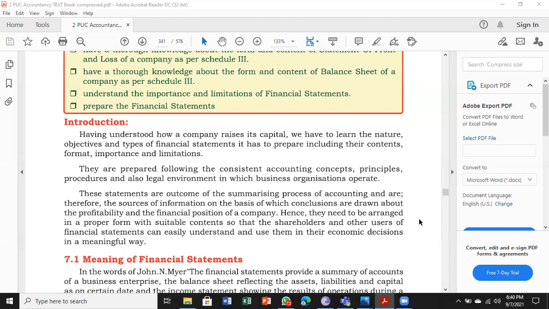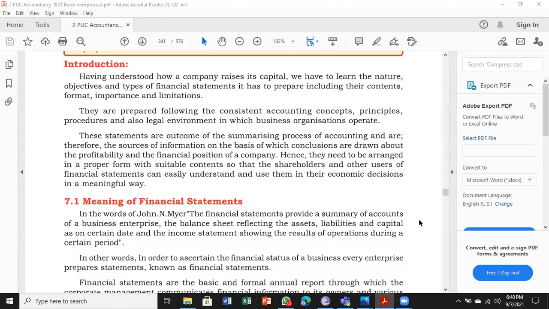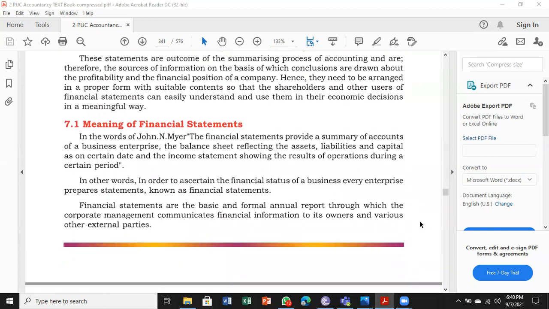So there are many people who use the information about the company's profitability and financial position. The company has to prepare the final accounts. That final accounts, here it is called financial statements.